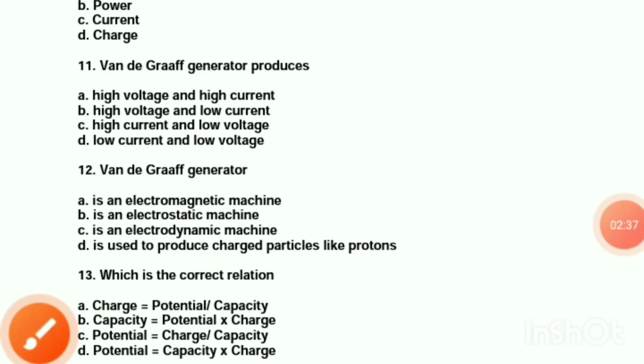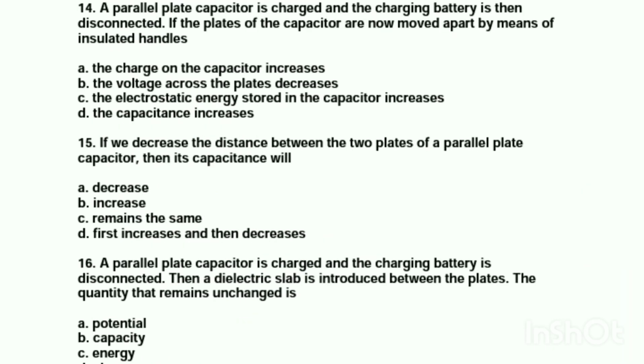B தான். அடுத்து which is a correct relation கேட்டிருக்காங்க, potential is equal to charge by capacity. Parallel plate capacitor is charged and the charging battery is then disconnected. If the plates of the capacitor are now moved apart by means of insulated handles ன்னு கேட்டிருக்காங்க. இதுக்கு the electrostatic energy stored in the capacitor increases.